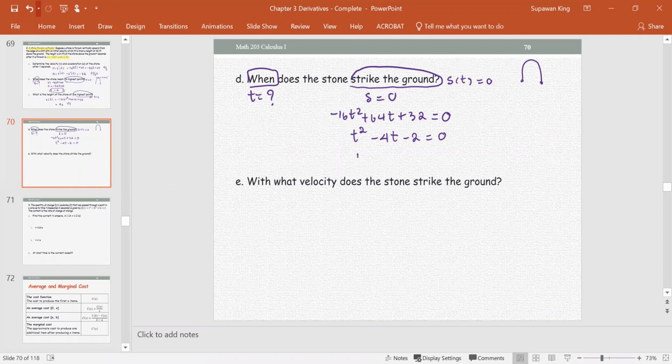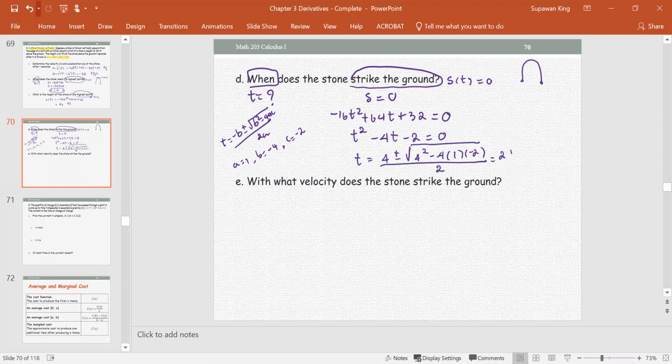For the quadratic formula, t equals negative b plus or minus the square root of b squared minus 4ac, all divided by 2a, where a is 1, b is negative 4, and c is negative 2. Then t equals 4 plus or minus the square root of 4 squared minus 4 times 1 times negative 2, all divided by 2 times a, which is 2.